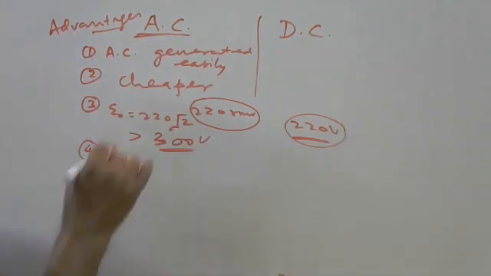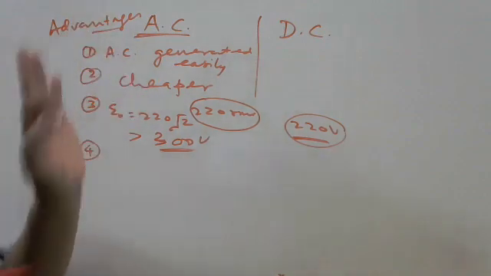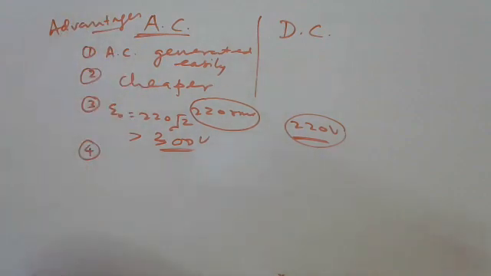Then fourth, it can be easily transformed. It can be transferred from one place to another place, so transmission cost is very, very less. We have discussed those numericals on increasing the voltage. Can you recall? By increasing the voltage, we can transport electrical power from one place to another without much loss at very high voltage.